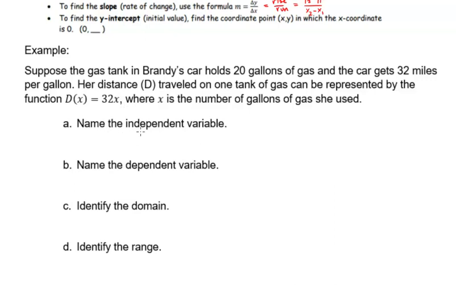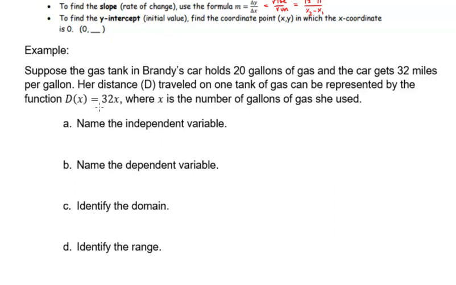So let's first of all name the independent variable and the dependent variable. The dependent variable is the one that, remember, depends on what the independent value is. When the independent value changes, it causes a change in the dependent variable.